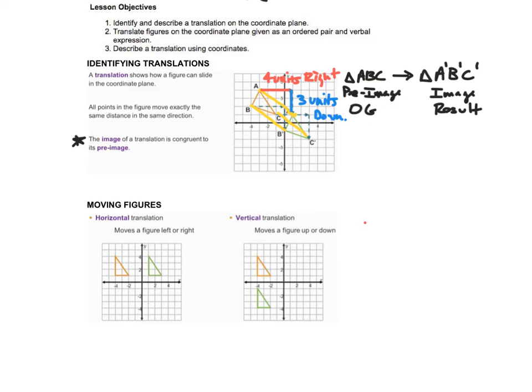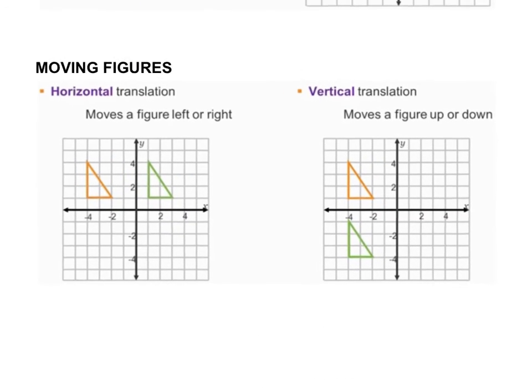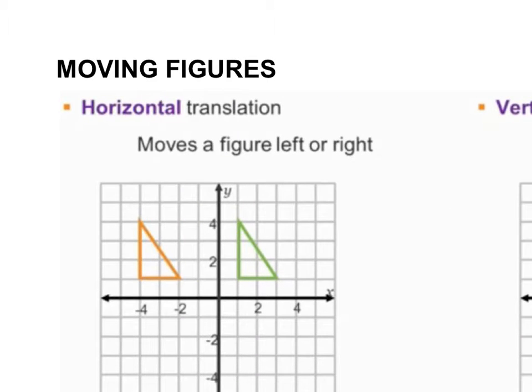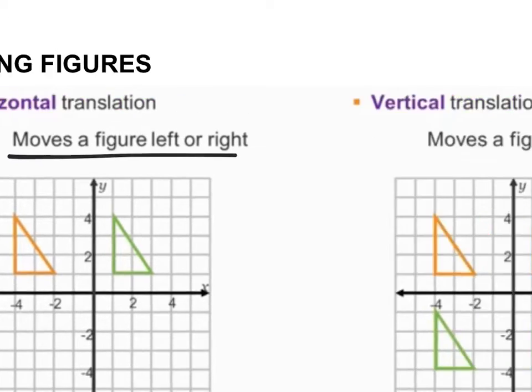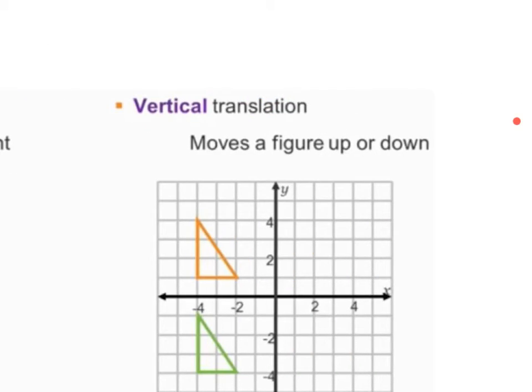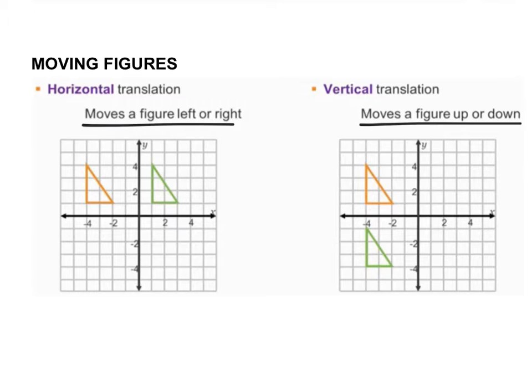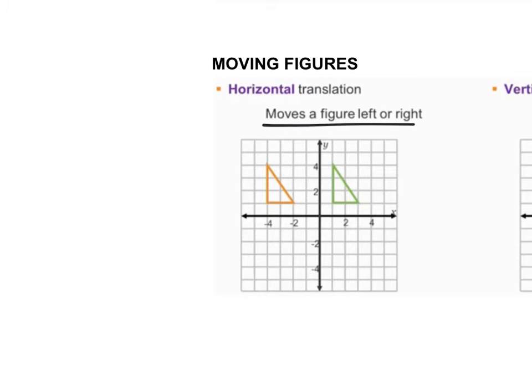So let's talk about specifically moving figures from a horizontal perspective and then a vertical perspective. Now horizontal means that you move a figure left or right, okay? Vertical means you move it up or down, okay? One of the ways I remember the word horizontal versus vertical, because I always kind of struggle with that: for horizontal, I think of the horizon, okay?